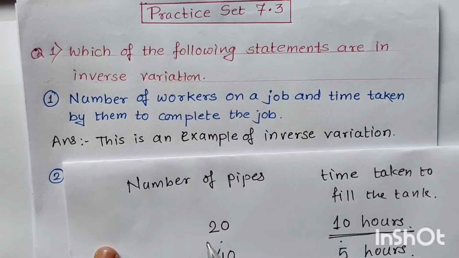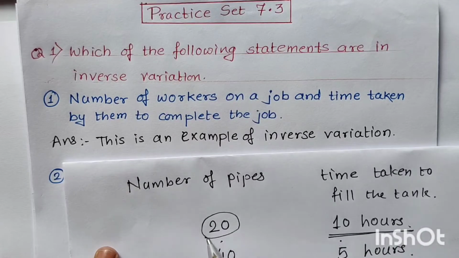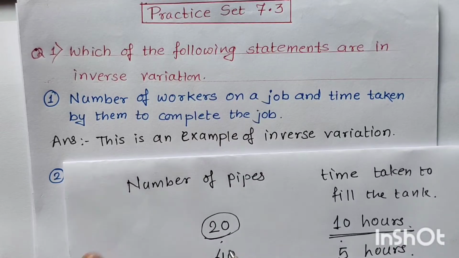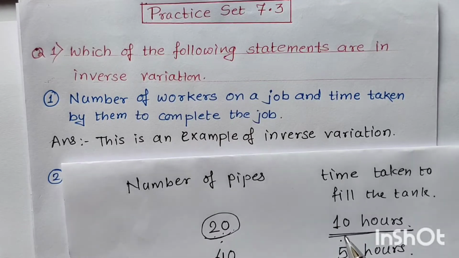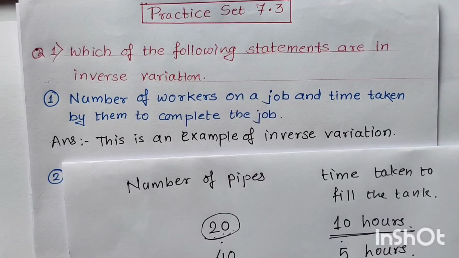But if I decrease the number of pipes, if in place of 20 I put only 10 pipes to fill the tank, then the time taken by them to fill the tank will be more. When 20 pipes are there, it requires 10 hours. So when we take 10 pipes only, it will require 20 hours.